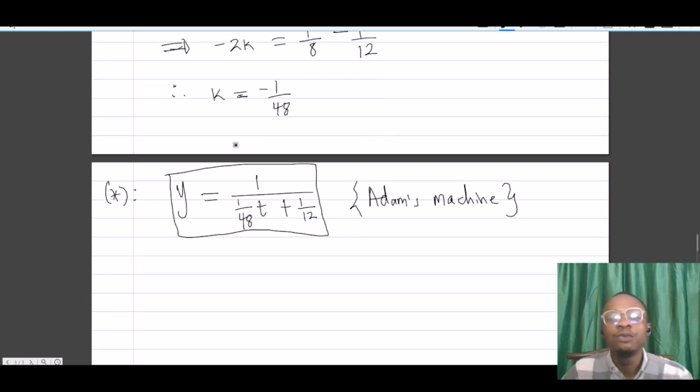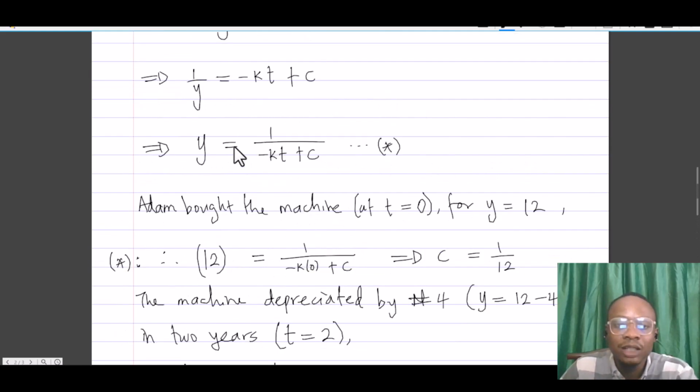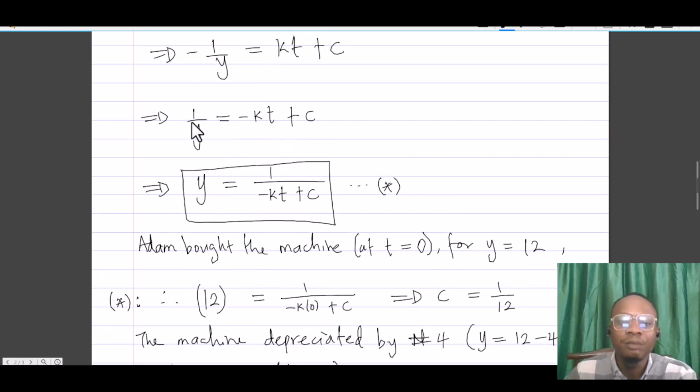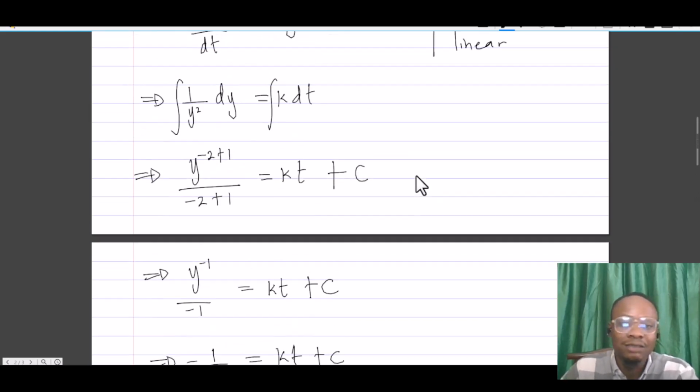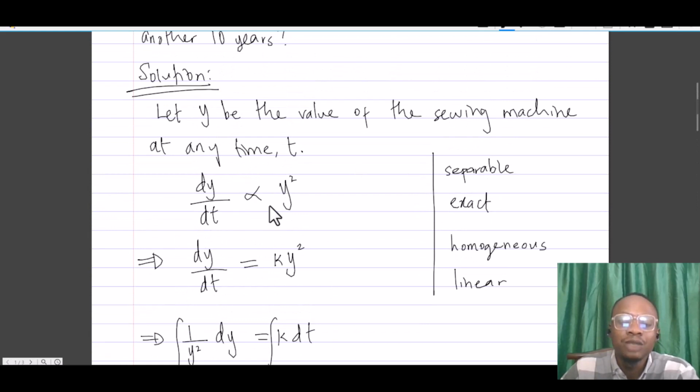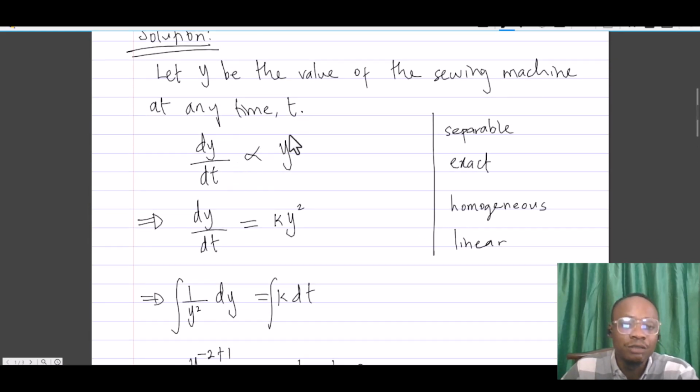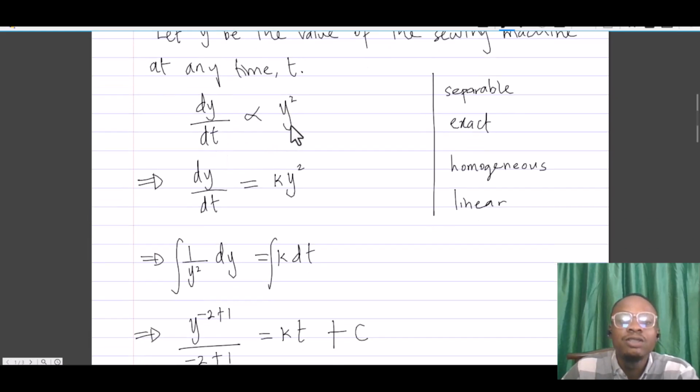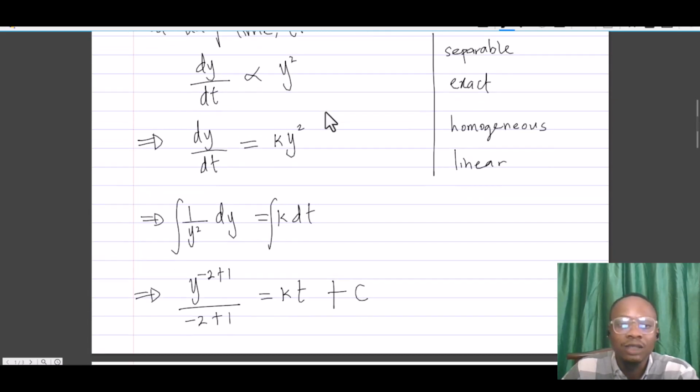And this expression up here is the model or the relationship that applies to any kind of machine, and indeed any device really, whose rate of depreciation or the rate of change of its value varies with the square of its value at any point.